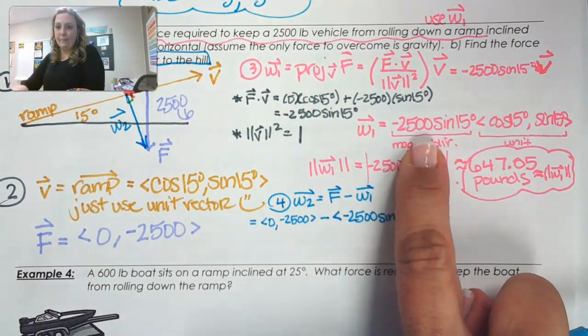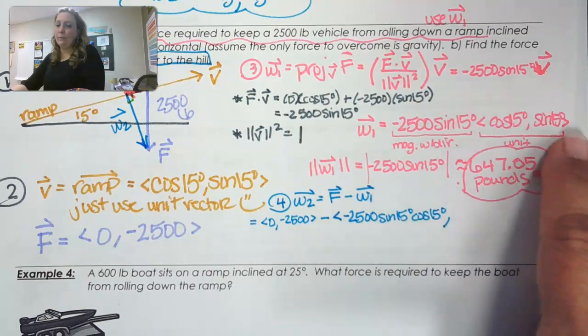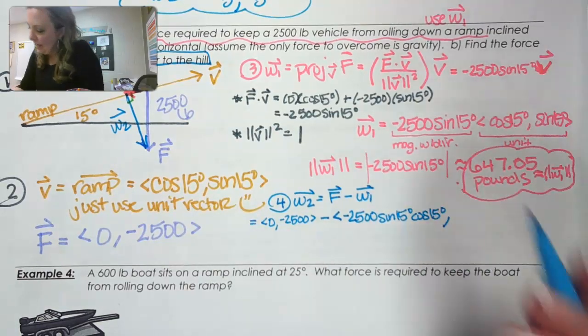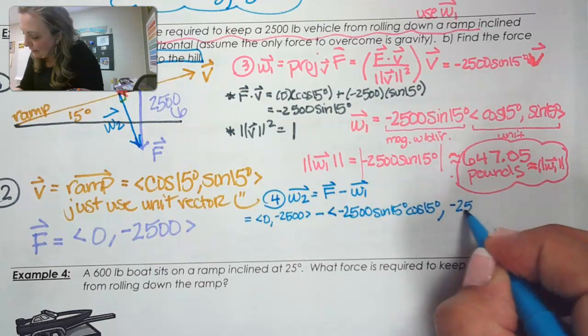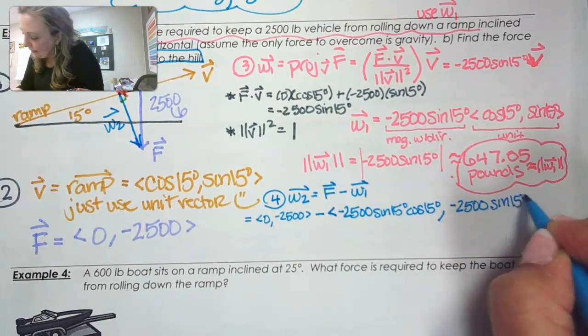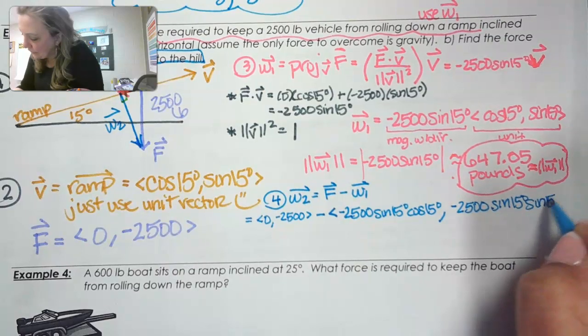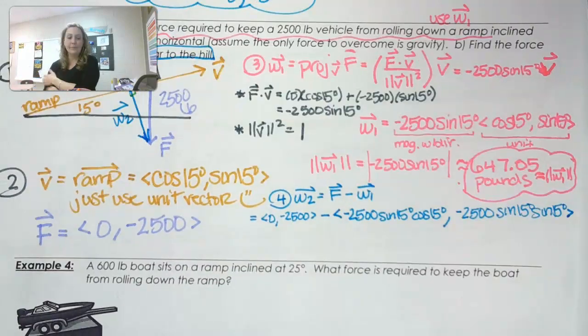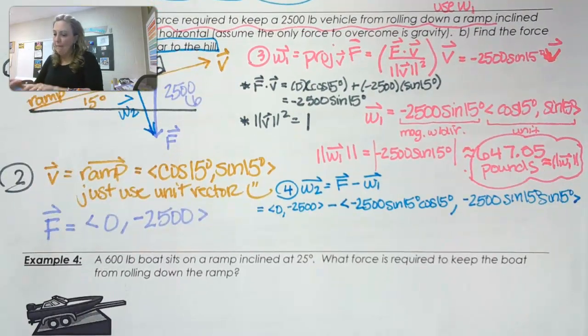And then the second component, we multiply this by the second component to get negative 2500 sine of 15 degrees sine of 15 degrees. Okay? And we're going to subtract those.